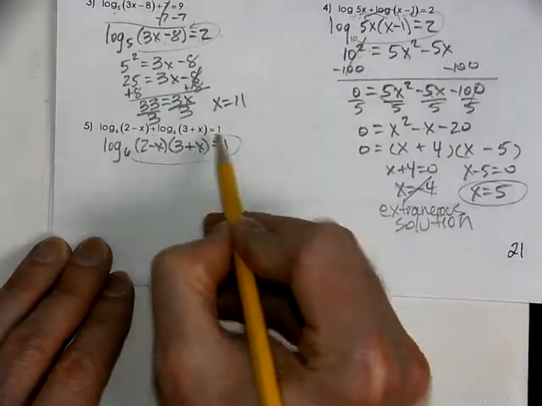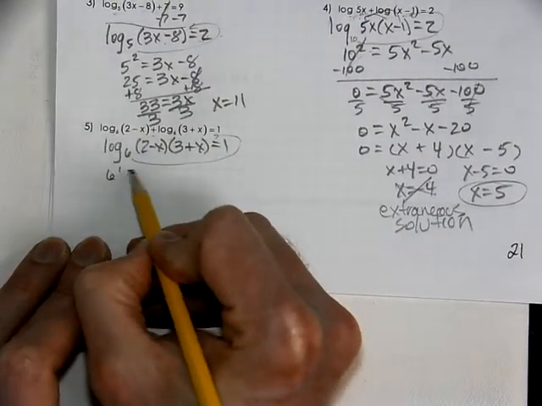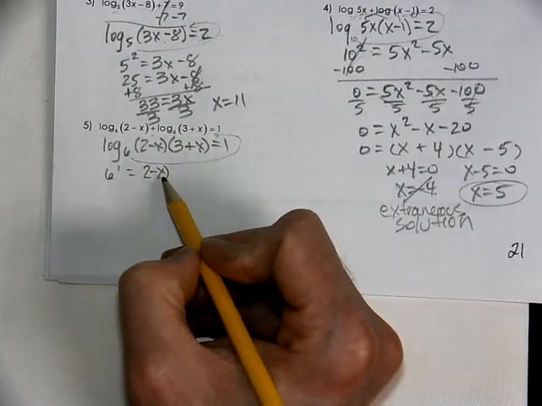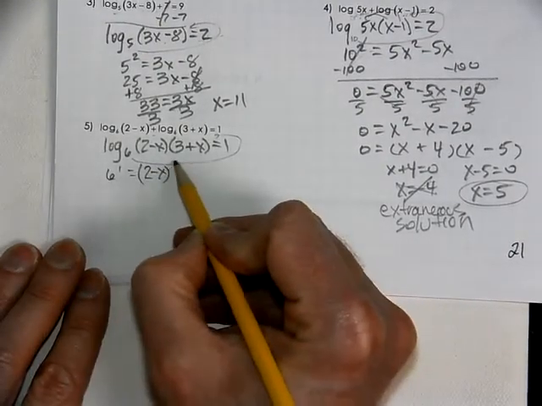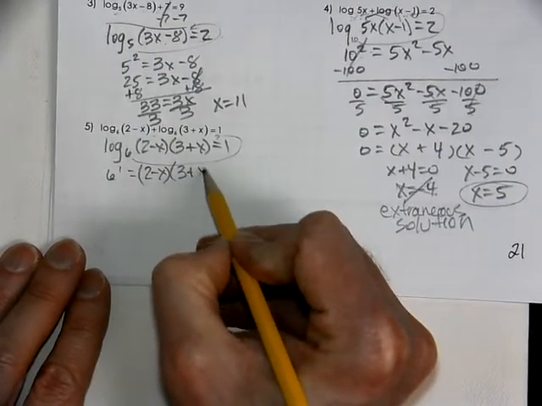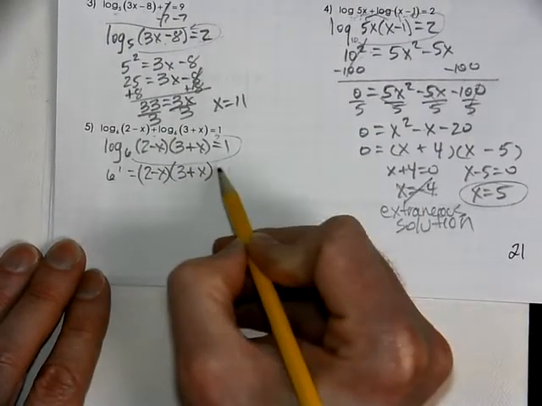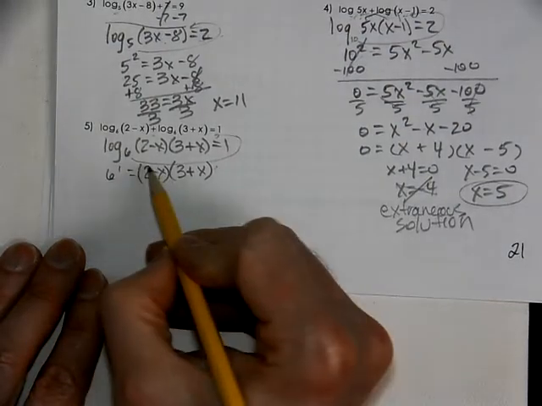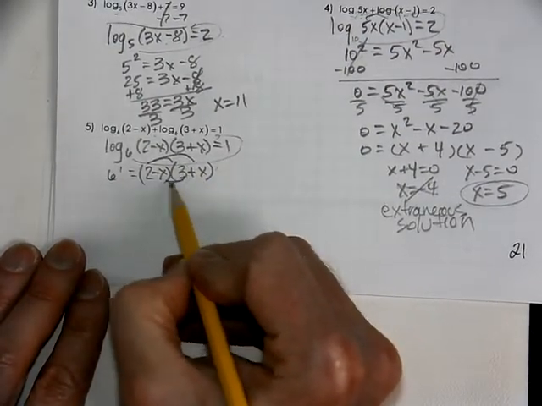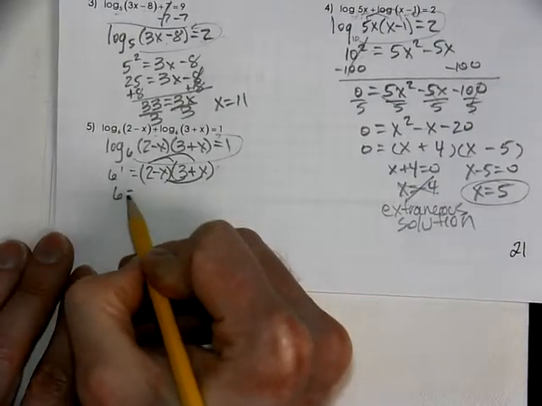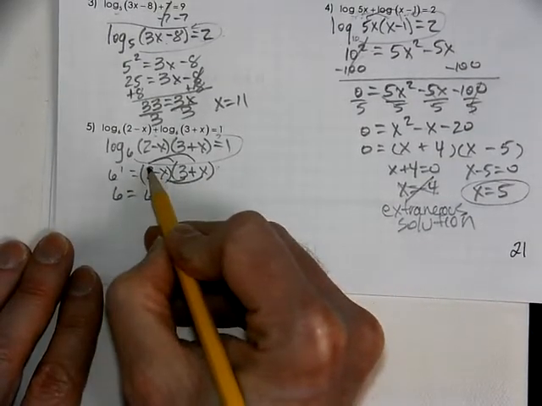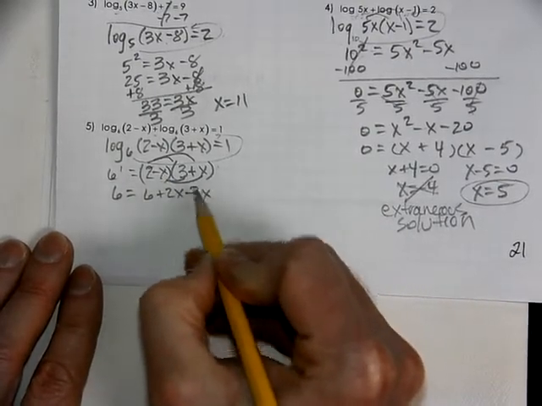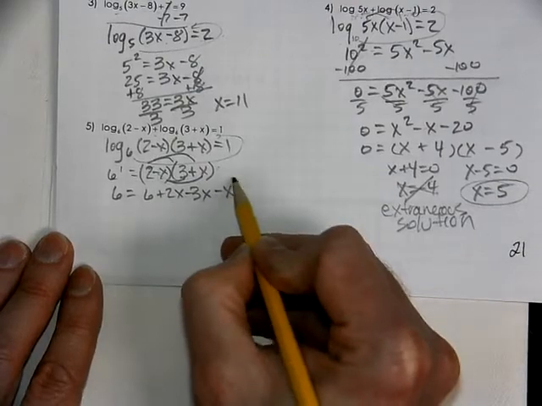So we're going to say 6 to the first power equals 2 minus x and 3 plus x. So we would need to FOIL that together. That would be 6 equals 6 plus 2x minus 3x minus an x squared.